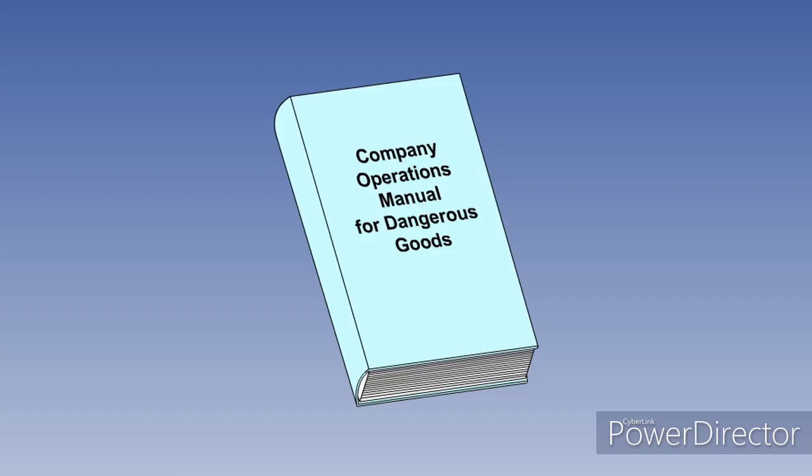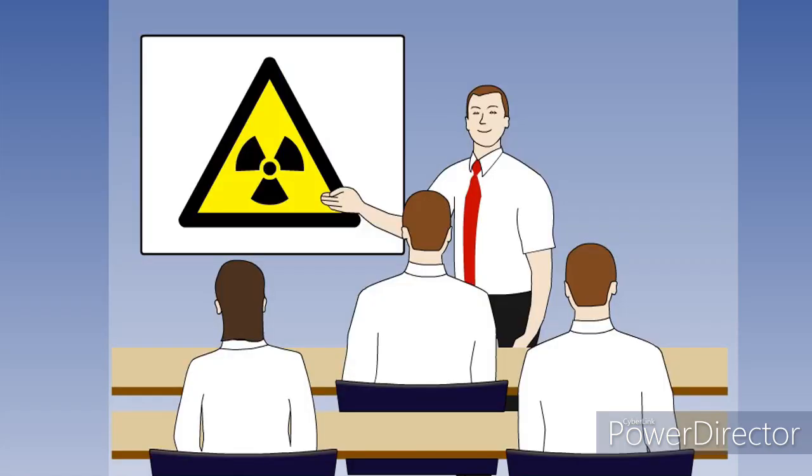Company operations manuals must also include instructions for the crew to carry out its responsibilities and for their actions in the event of an emergency. Operating companies are required by the technical instructions to establish dangerous goods training programs and keep them updated in line with changes to the instructions.